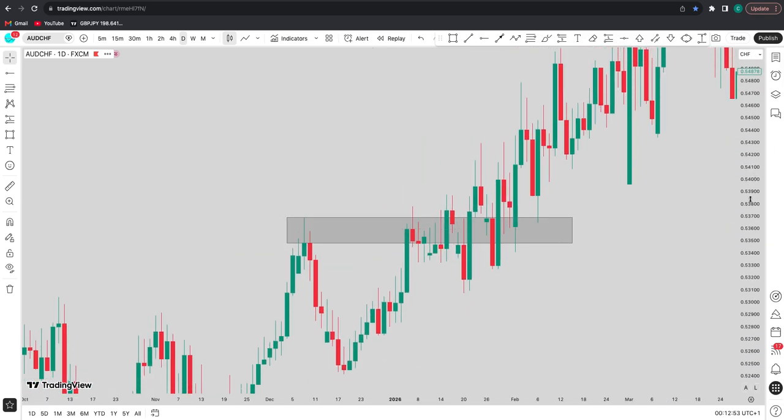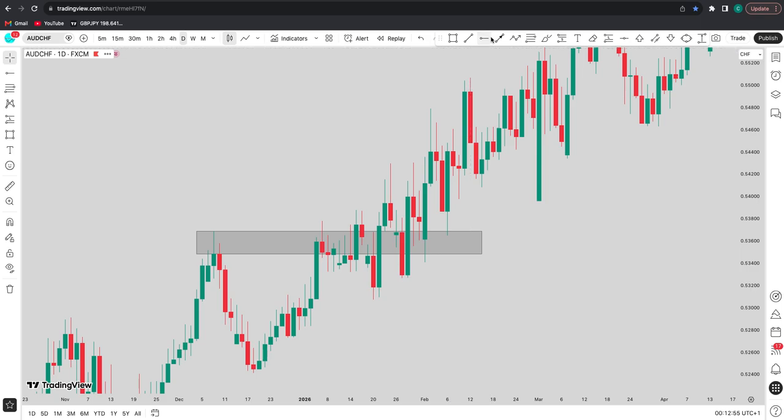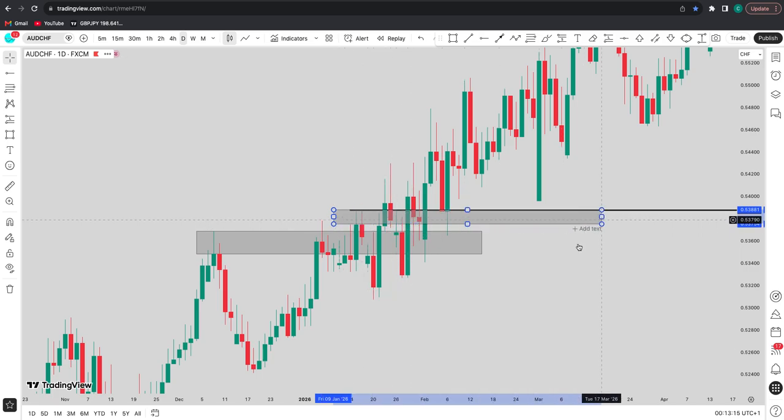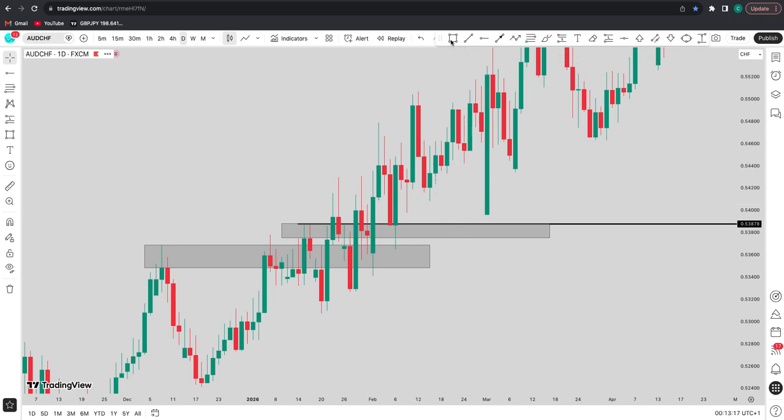So if we now have a new resistance, this is where we got the breakout. So this was the highest point. If we now have a new breakout, all I want to do is repeat the same process by bringing out my box, putting it on from the highest point to where the body is, then extend it into the future. Next one, if I get, this is the highest point here and this is the body, extend it into the future.